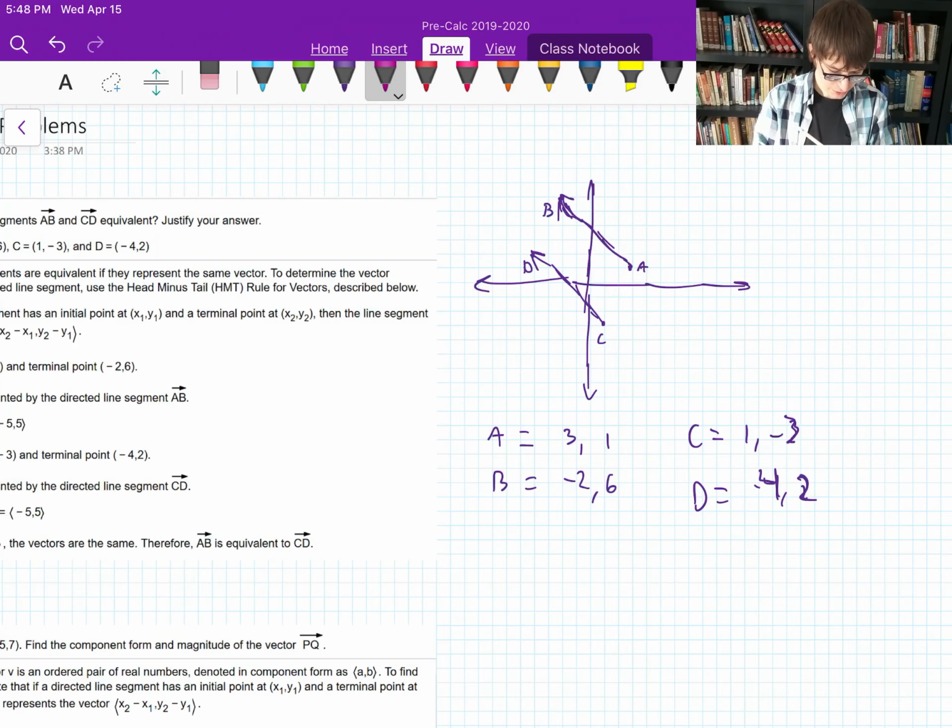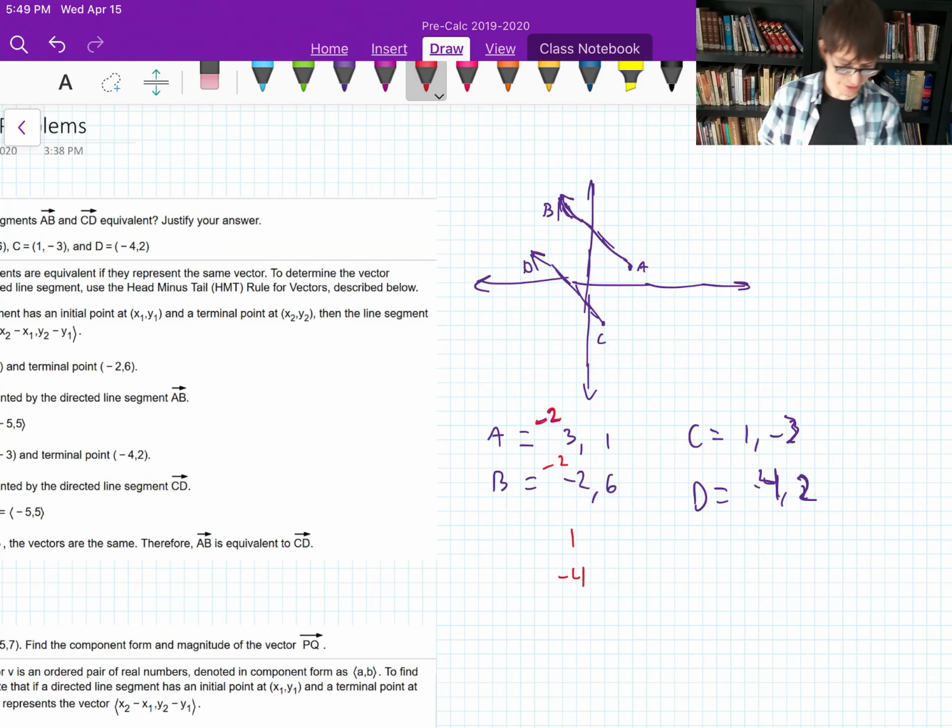So I'll subtract 2 from the x values of A, because 3 minus 2 is 1, and I want it to equal C. And what I do to one x value I do to the other x value, so subtract 2 from B as well. That gives me 1, and negative 2 minus 2 is negative 4.